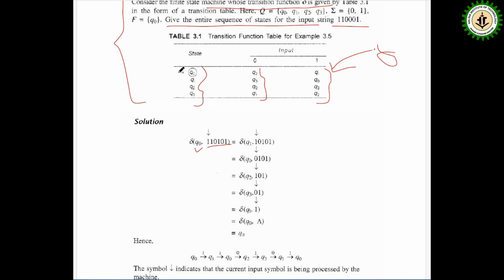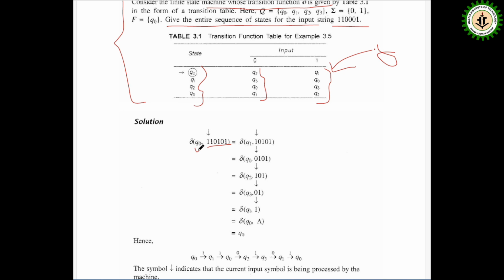Using the string x, what is the value of x here? X is 110101. The first character of the string is 1, so from the initial state, the first character is taken as input and we go to the next state.